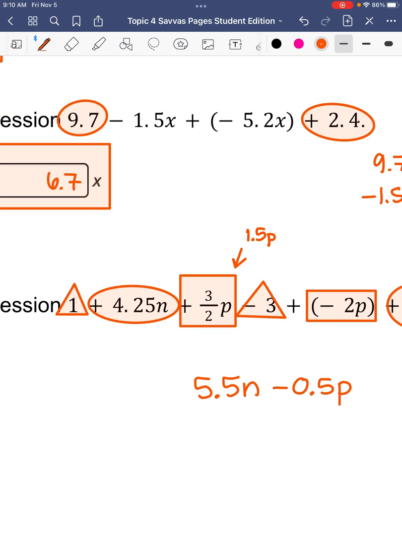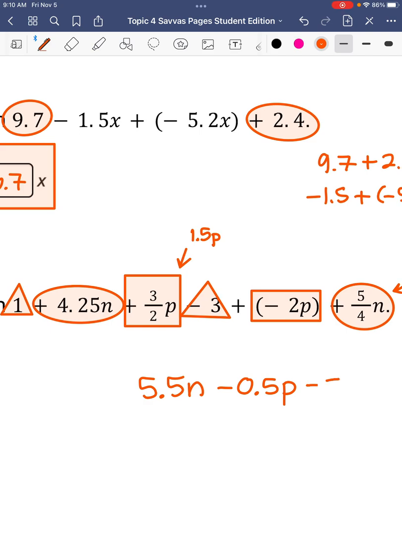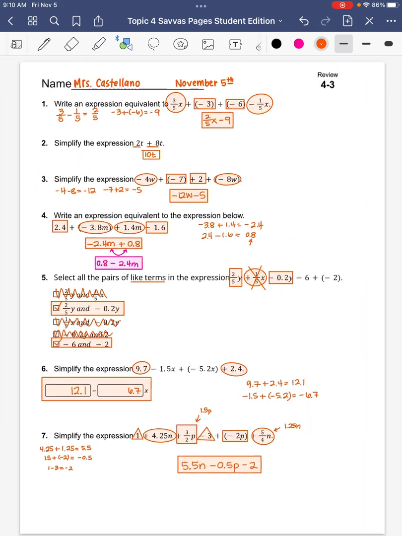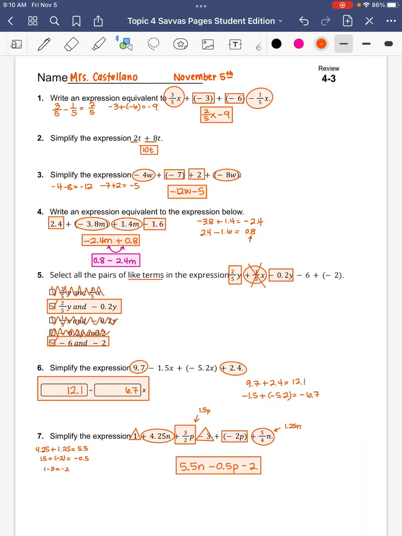So I'm going to finish off this answer with a minus 2. So 5.5n minus 0.5p minus 2 is our answer. And that is the end of the 4-3 review on combining like terms.